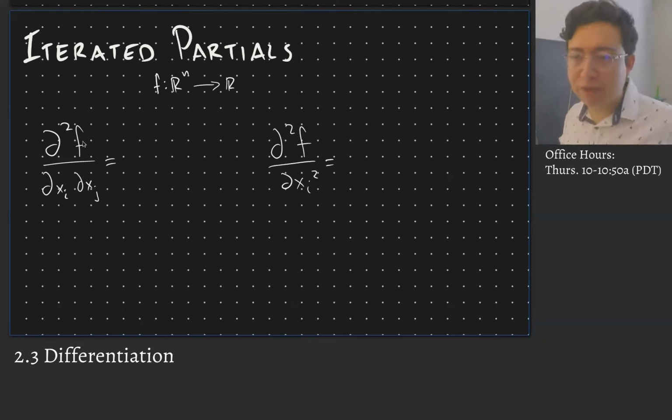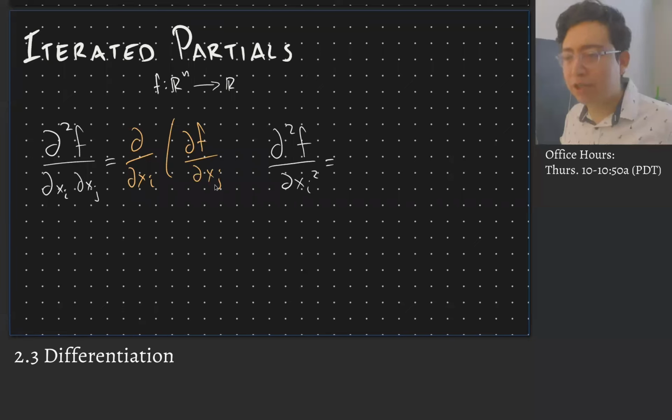We have d squared of f, similar to single variable, but now we have dxi times dxj. This is the partial derivative with respect to xi of the partial derivative of f with respect to xj.